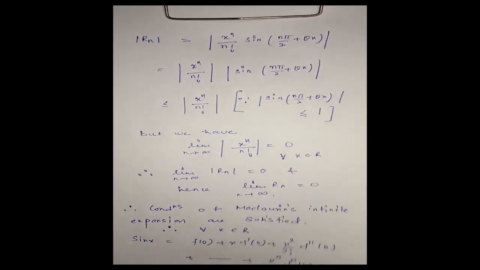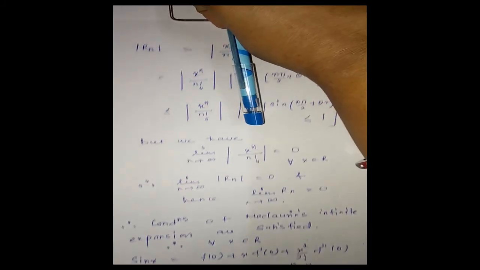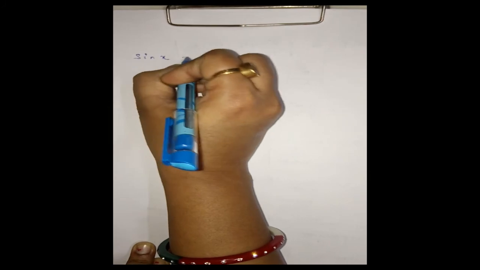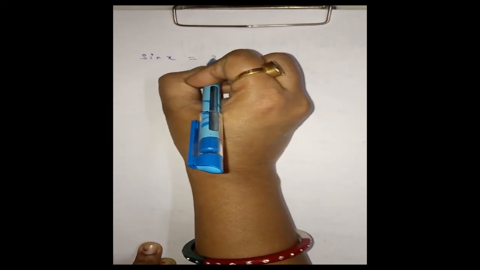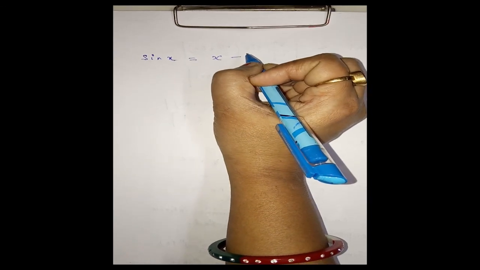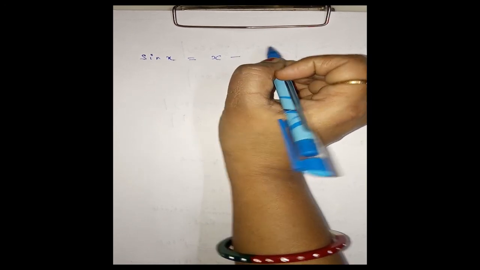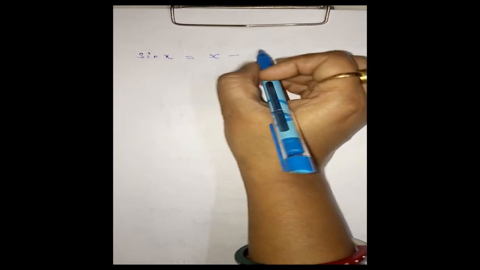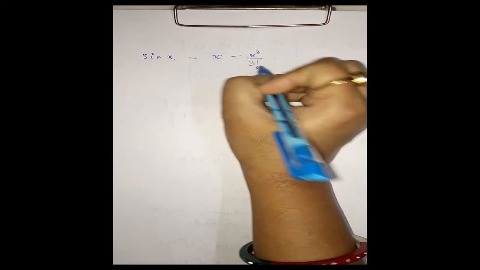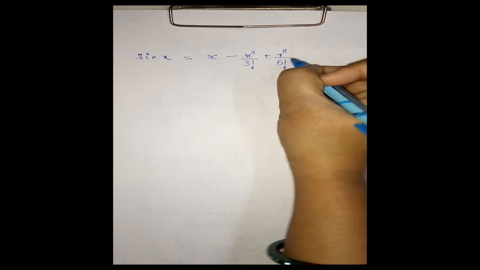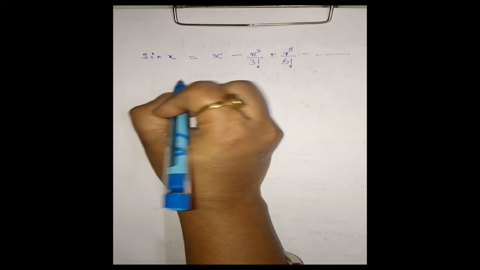Okay, now substituting the values of f(0), f'(0) in this, we have sin x is equal to f(x), where f(0) is 0 and f'(0) is 1, so sin x is x minus x cubed by 3 factorial, okay, plus x^5 by 5 factorial, and this is the expansion of sin x.